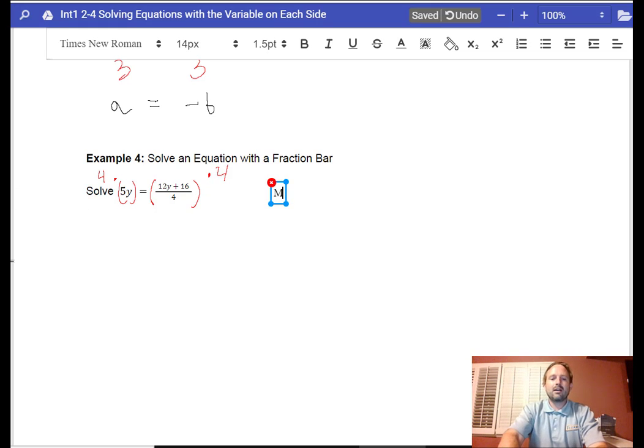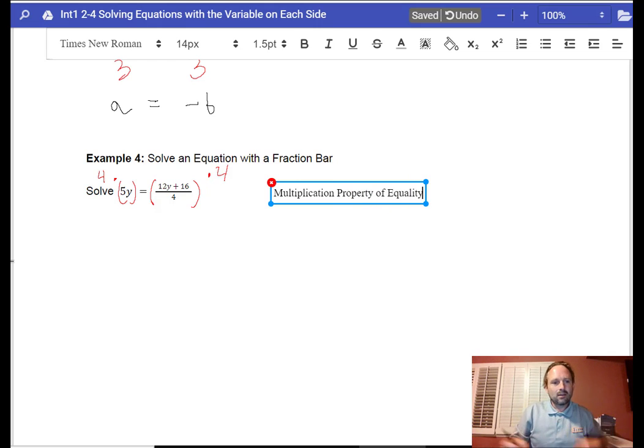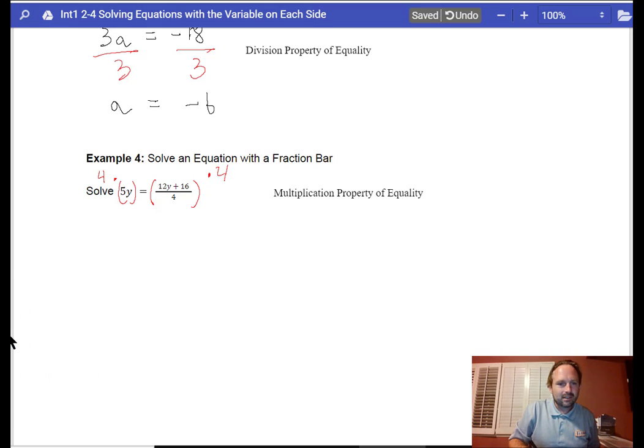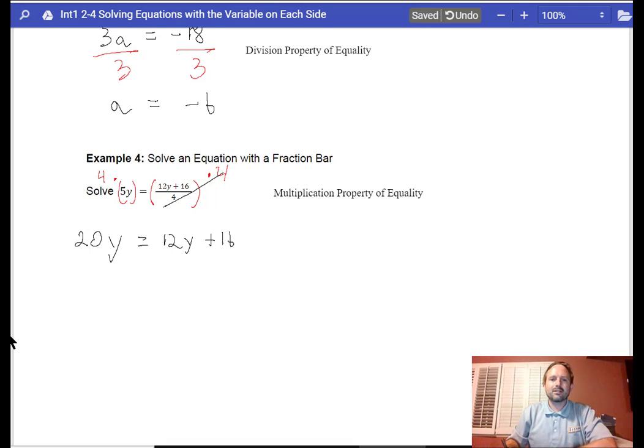So I'm going to use the multiplication property of equality. All right, going back, if I simplify this, I would get 20y is equal to, this cancels out, 12y plus 16. Oh no, there's variables on both sides. But I got rid of all the fractions, so I'm done.